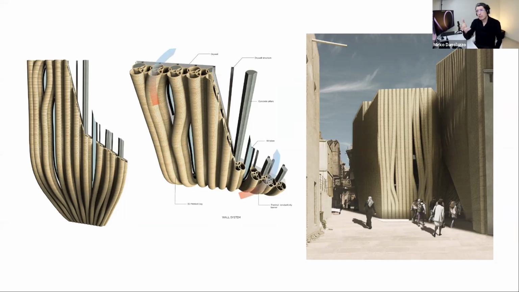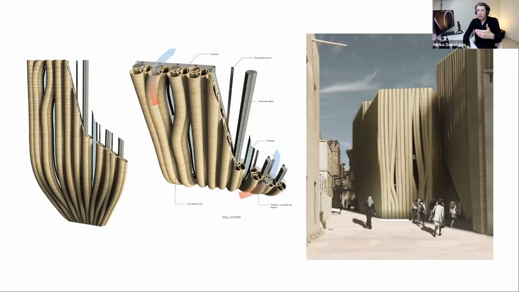At the same time, they are creating the spaces to cast the concrete, and so to have the structural component incorporated into the wall system, so that you don't need anything else than themselves. I mean, these pieces placed in a specific position, and then you have the concrete columns that are connecting all of them together.